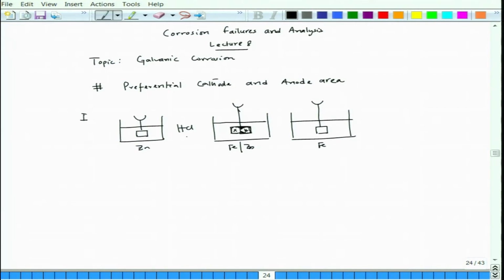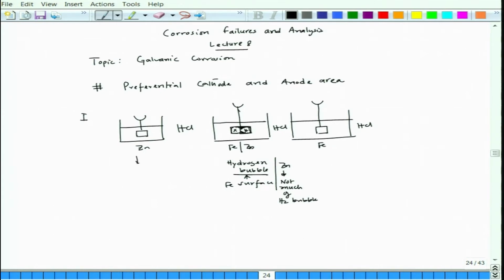In HCl, an observation we had in this case is that hydrogen bubbles preferentially formed on the iron surface. You do get hydrogen bubbles, but if we consider the zinc surface, not much hydrogen bubble.